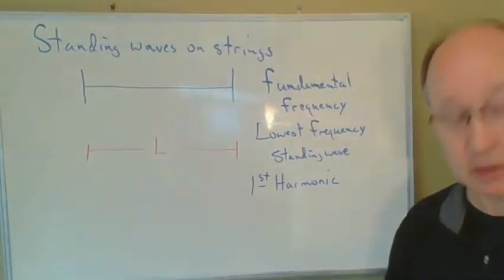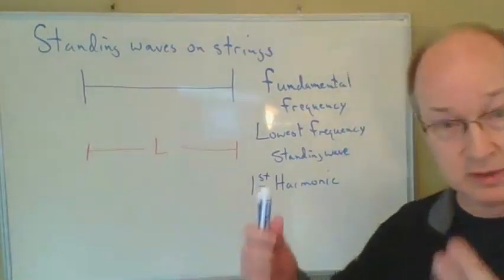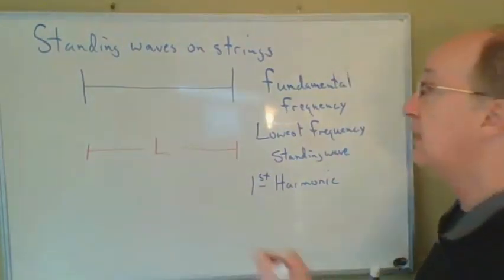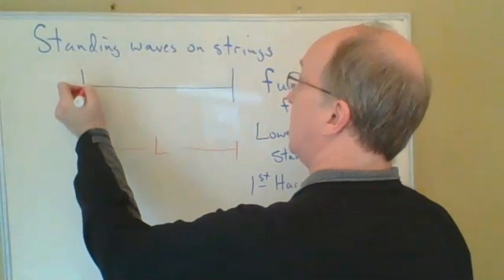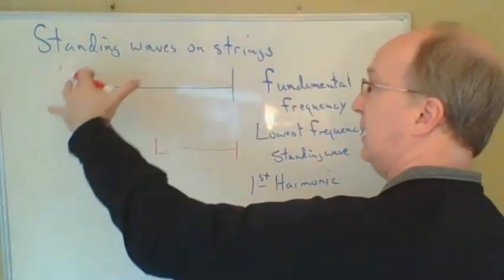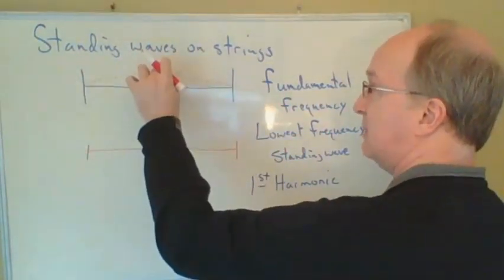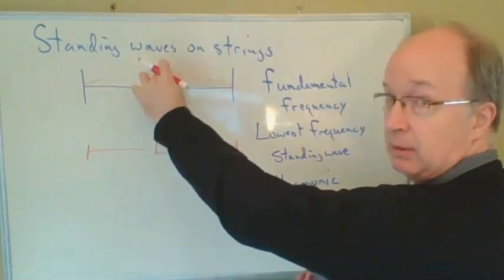All right, so what does that first harmonic standing wave look like? Well, again, if you watched the videos and the simulations last week, you saw that it looks something like this. It vibrates in a way that makes kind of an arc, where there is maximum displacement from equilibrium in the middle.